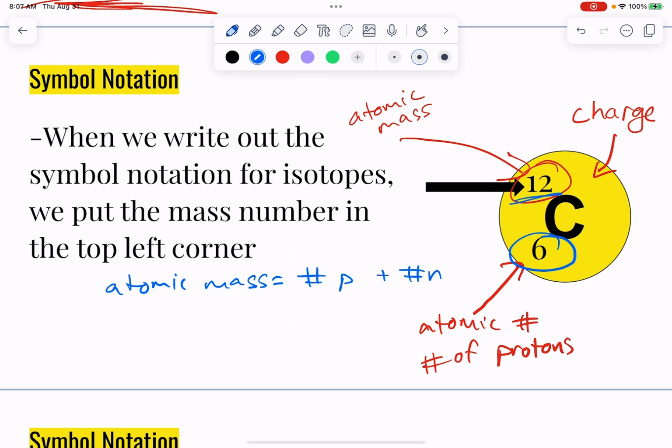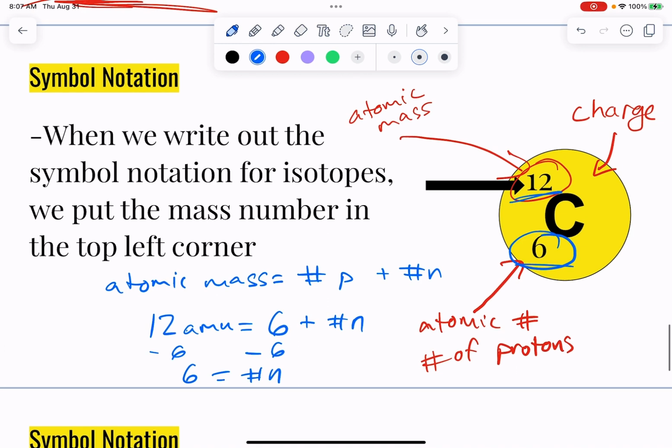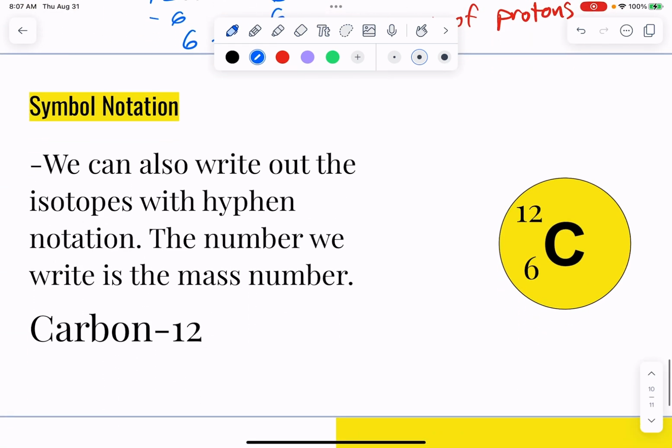I know the atomic mass is 12 atomic mass units. The number of protons is 6. So I can figure out the number of neutrons and say that there are 6 neutrons in this atom to give it a total mass of 12. So that's how we can use these numbers to help us out.